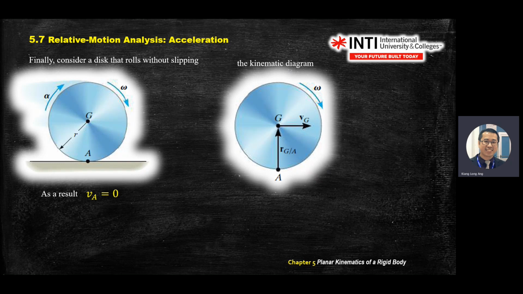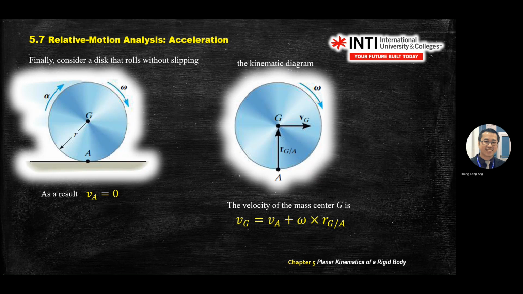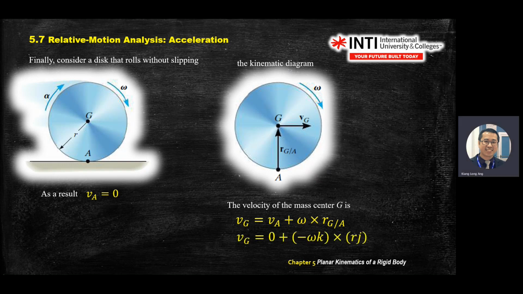Okay, now we'll start to look at center of gravity, G. The VG will be to this side, R will be from A to G, then the omega. This is how it changed from this diagram to this free body diagram. This is when without slipping.